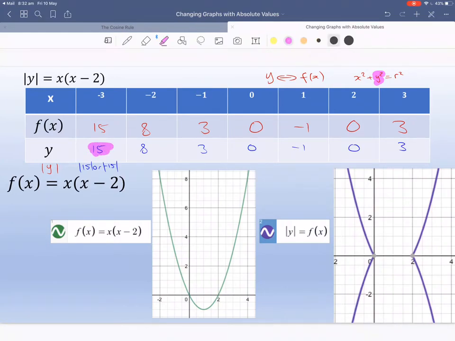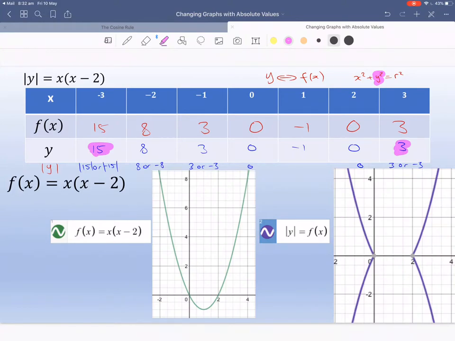And it's the same for this, 8 or -8, 3 or -3. 0 doesn't really matter, it's just 0. 3 will give us 3, or the absolute value of minus 3 will also give us the answer 3. So we almost have to think backwards.